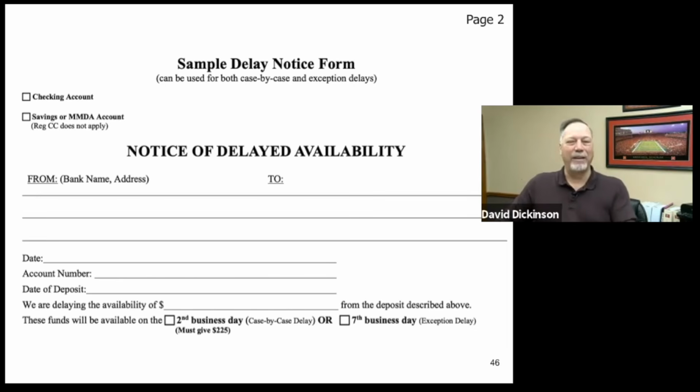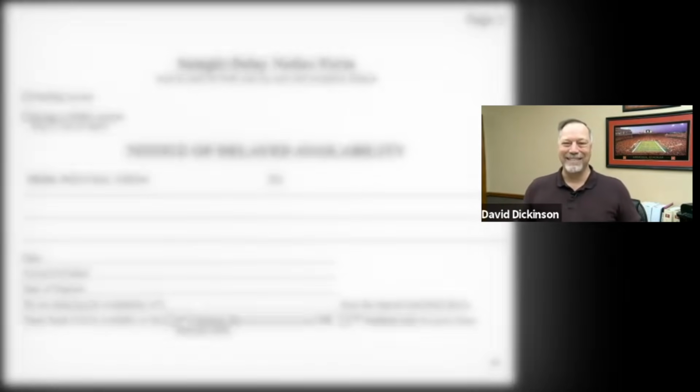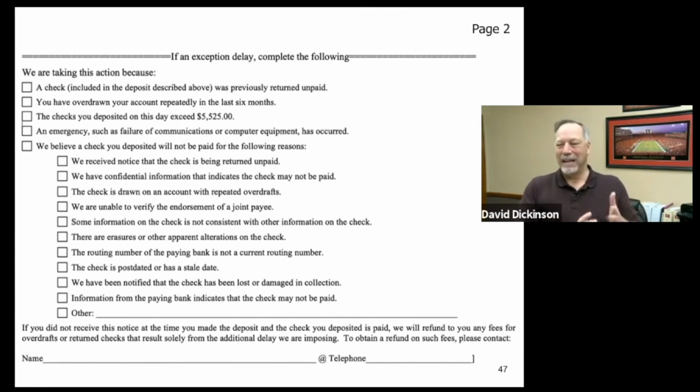Then I provide you with a little bit of a reminder. Don't forget, if you're doing a case-by-case hold, that's 225 that you have to give them. So don't forget that part. Now, look down below that and you'll see all these reasons, and the ones that are not indented, that's the 5 that we just talked about on the previous page. It says that a check you previously deposited was returned unpaid.